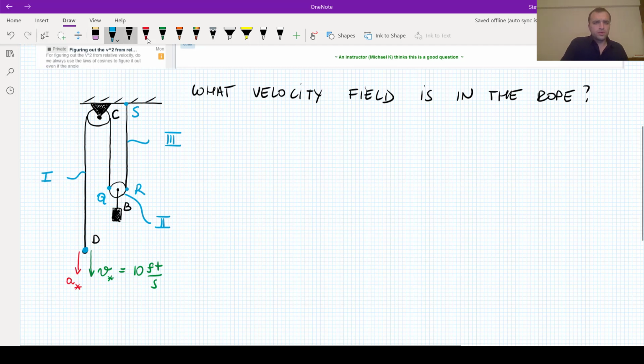So when it comes to chunk number 1, from point D to point Q, each and every point on that rope has velocity v star. Velocity of each point of the rope is v star, basically.